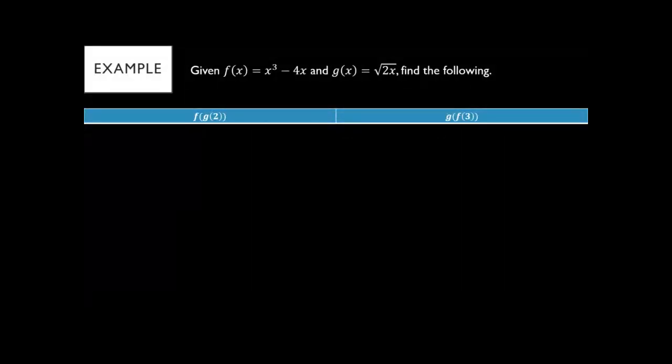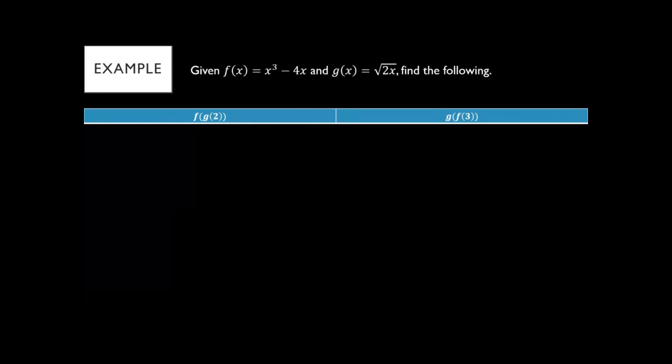So we've got two functions here. F of x equals x cubed minus 4x, and g of x equals the square root of 2x. And we're told to find the following. F of g of 2, that's the one on the left, that's how you read that out loud. And then on the right, we have g of f of 3.